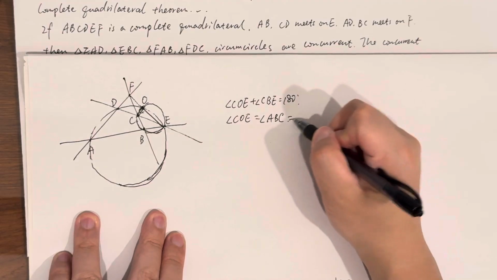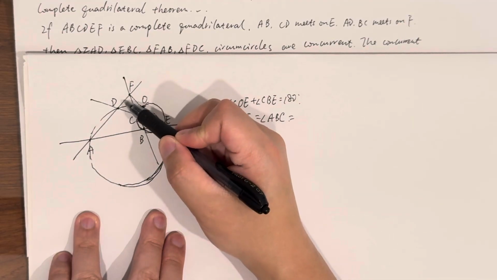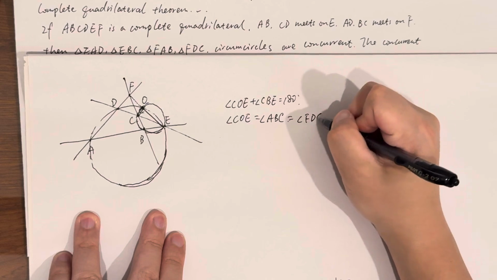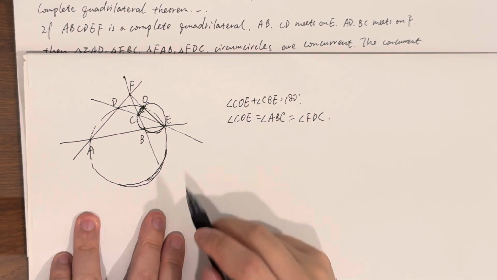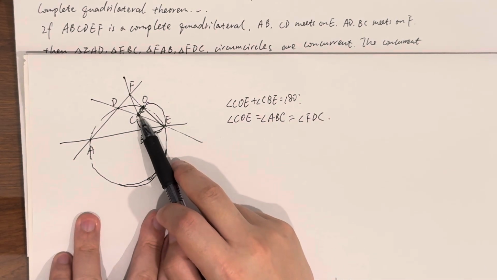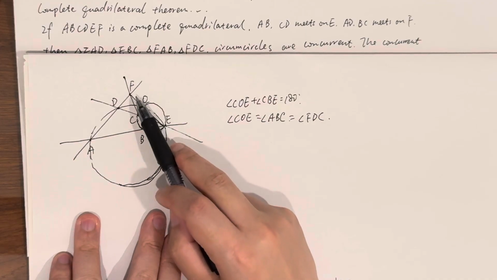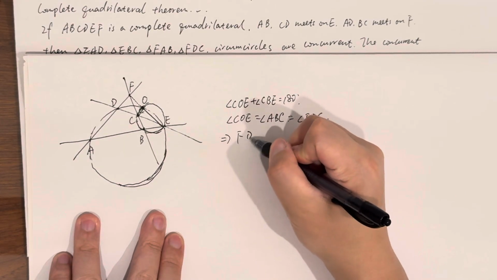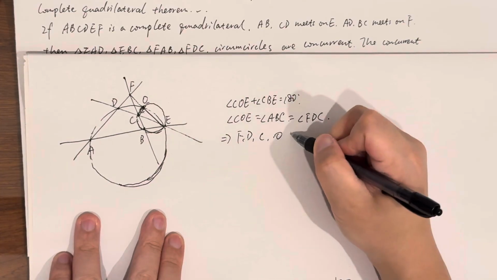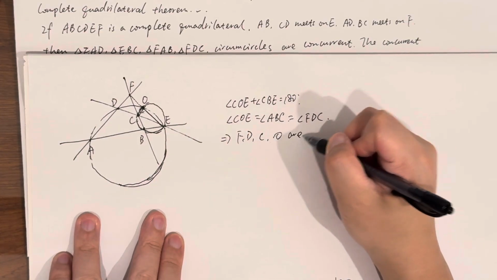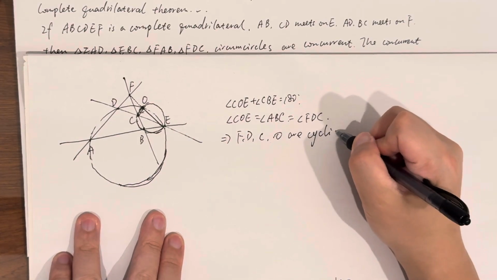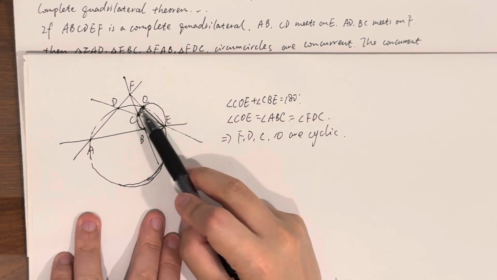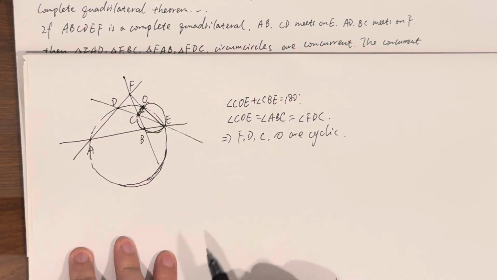And angle ABC equals angle FDC. That means angle COE equals angle FDC, which means FDCO are cyclic, right? This angle equals this one, so it's cyclic.